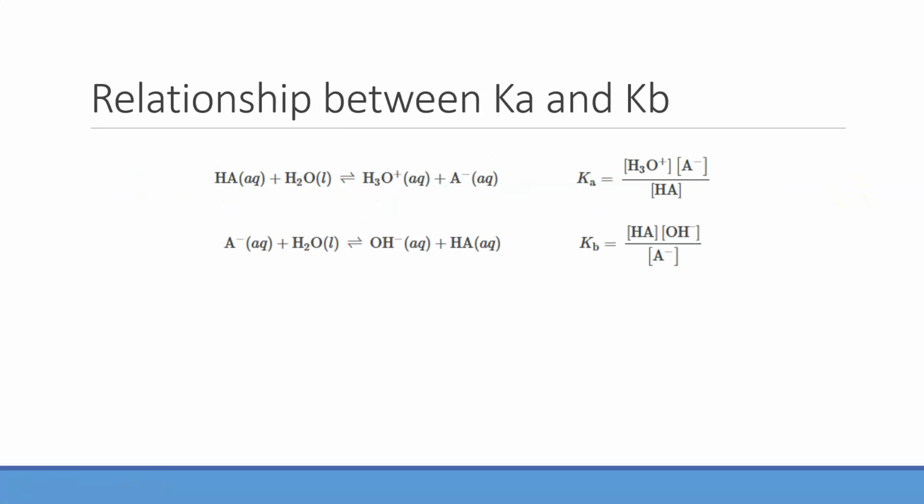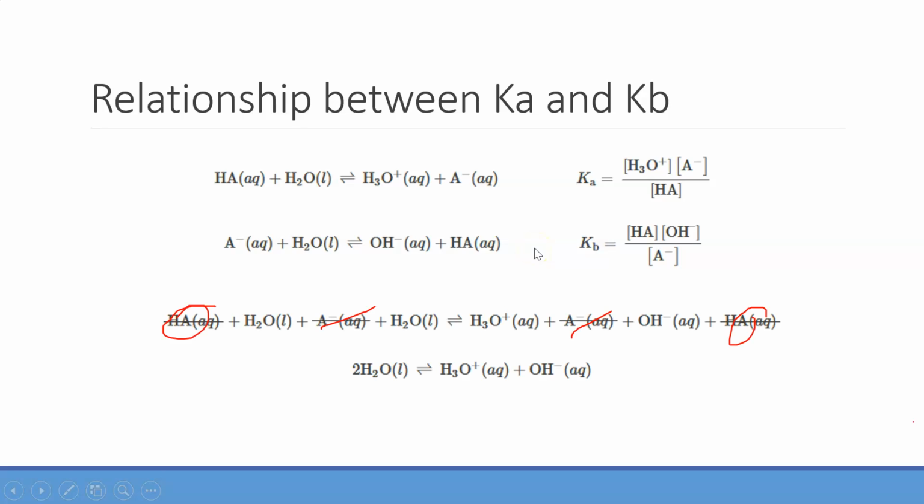Okay, so let's look at this relationship between Ka and Kb, because this relationship is extremely useful when thinking about what's going on inside a vessel containing acids and bases. Here we have our Ka expression and set up for our equation showing the dissociation of an acid. And here we have our Kb expression set up to show the deprotonation of water by a base.